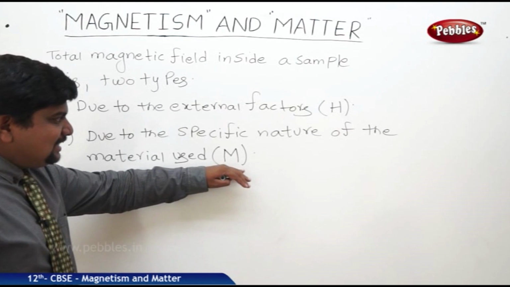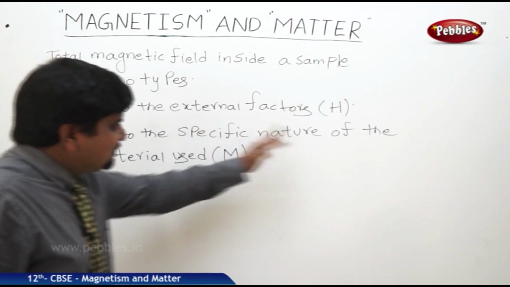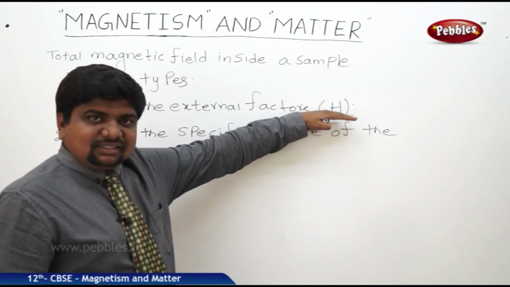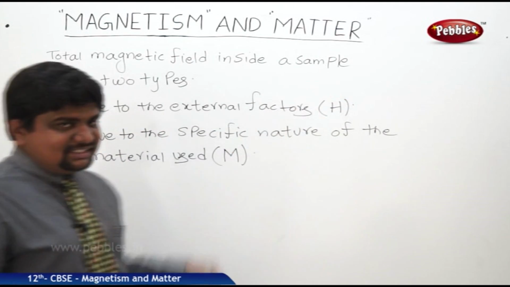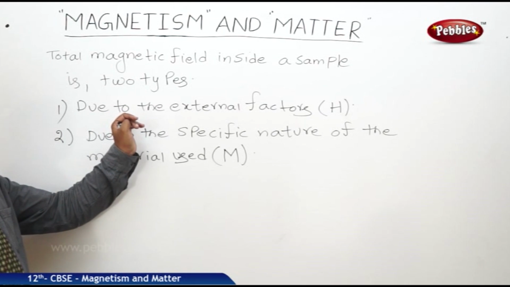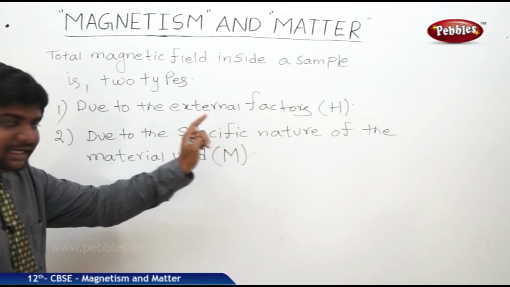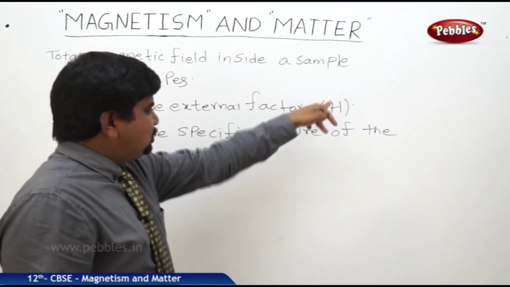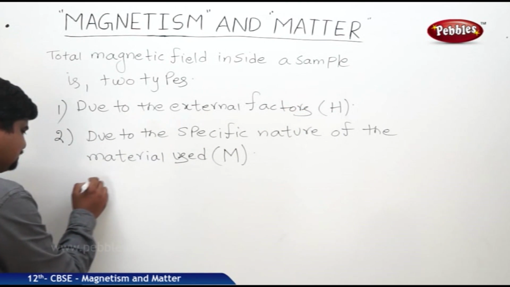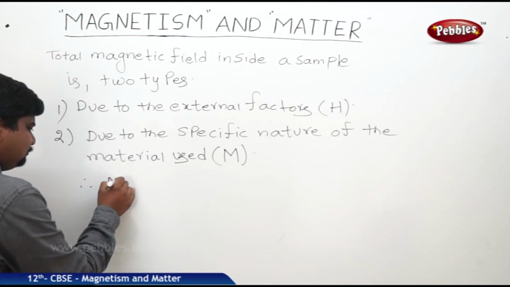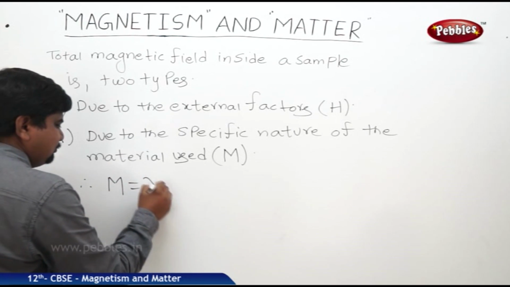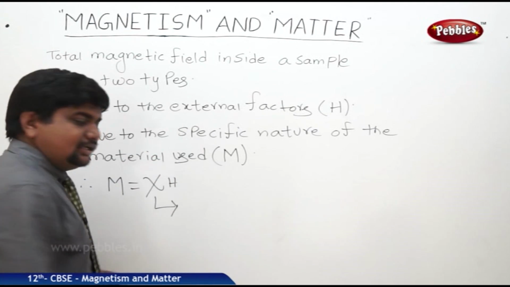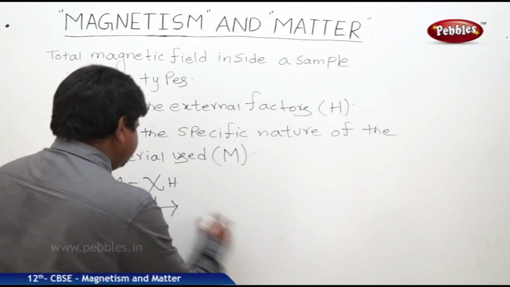So magnetization is nothing but the magnetic field due to the specific nature of the material used. Magnetic intensity H is the magnetic field due to the external factors. These two are related like this: M is equal to chi H, where chi is called susceptibility.